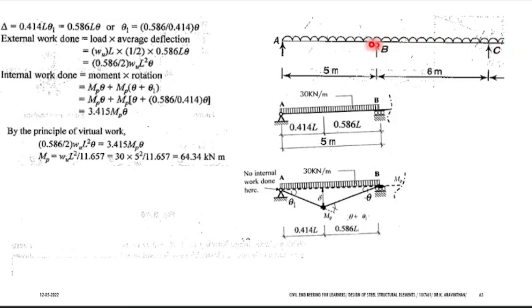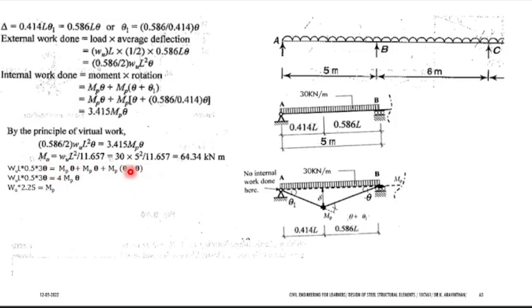If you want to find plastic moment for the span BC, how to find external work done? Load into, load is WU, the distance is L and this is the delta. So during the mechanism you will be getting 3 theta. Okay, now how many plastic hinges will be there? MP theta and MP 2 theta.